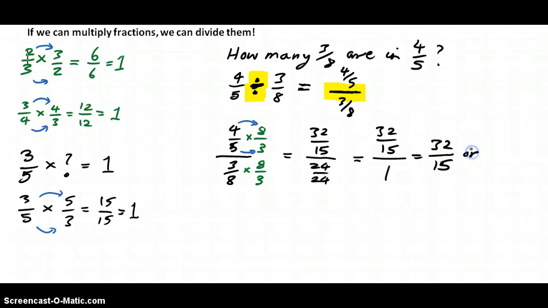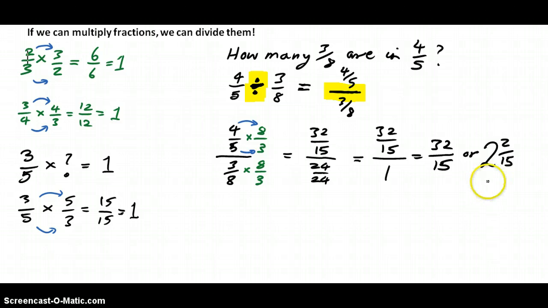Well, that gives me 2 whole ones, because two lots of 15 is 30. So I'd need 30 15ths, and I've got 2 left over. So how many 3/8 are in 4/5? There's 2 lots of 3/8 and a bit left over, and the bit left over is 2/15.